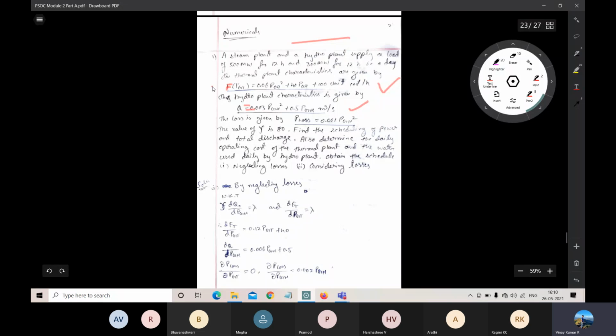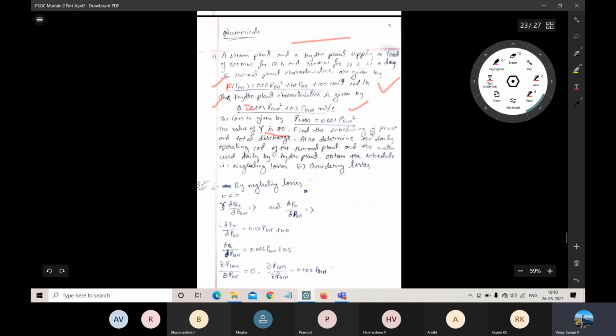So these equations, that is the characteristic equations, yesterday we derived: the lambda values and penalty factors. The total power loss will be given by 0.001 PGH square. So this is about the given data, and here he has also given the gamma value. The gamma value is 80, and he told us to find the scheduling of power and total discharge.